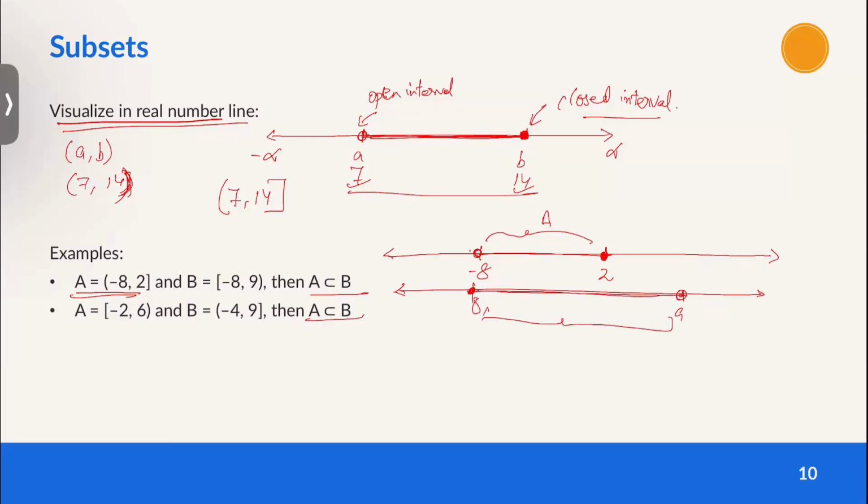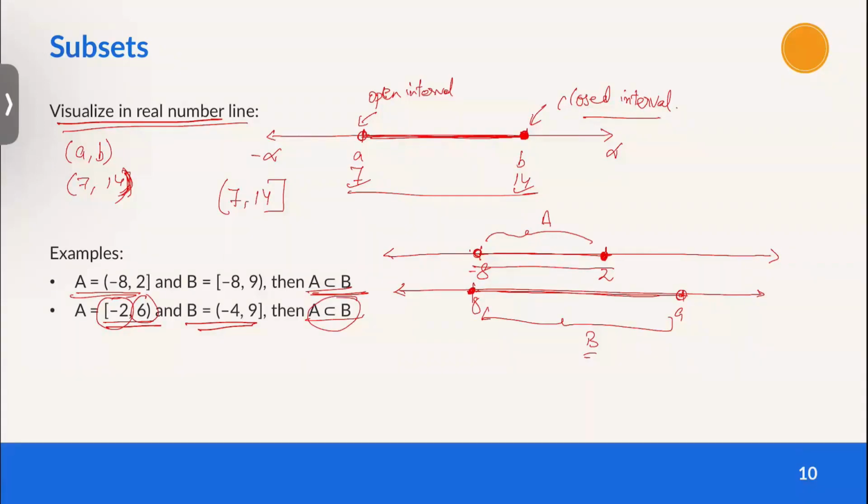This is B. Now you see all the elements in A are a part of B, so every element of A is an element of B. So we can say A is a subset of B. Similarly, here A is minus 2 to 6, where minus 2 is included and 6 is not included, and B is minus 4 to 9, where minus 4 is not included and 9 is included. You can clearly see that A is a subset of B.